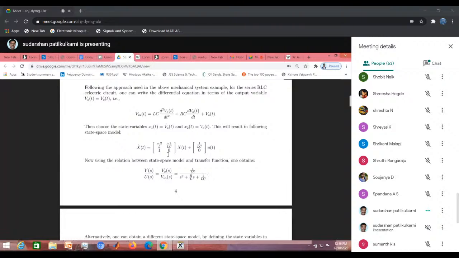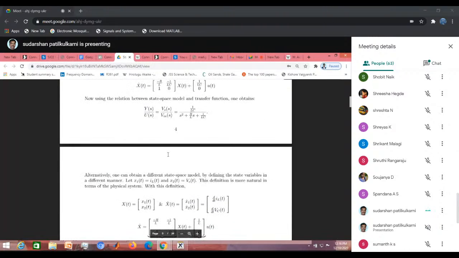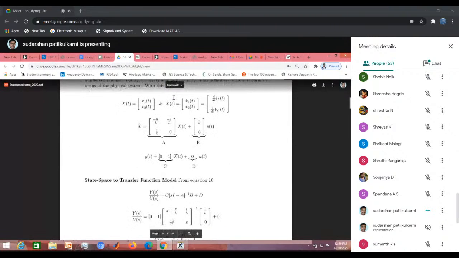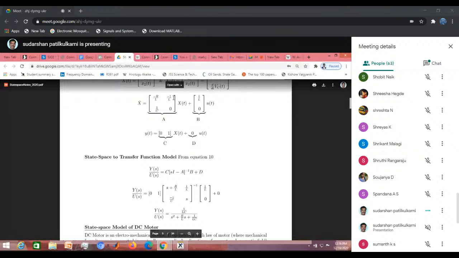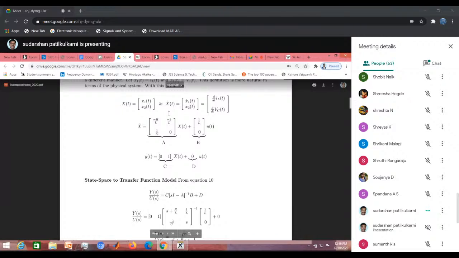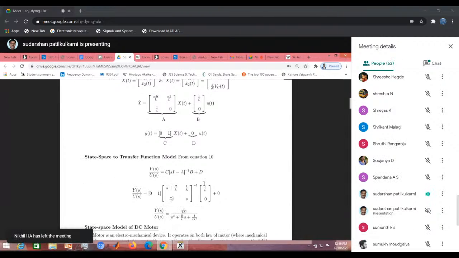So it is S plus R by L, 1 by LC. If it is minus R by L, minus 1 by L in the second case, it is (S plus R by L, 1 by L, minus 1 by C, S) whole inverse, times 1 over L, 0.